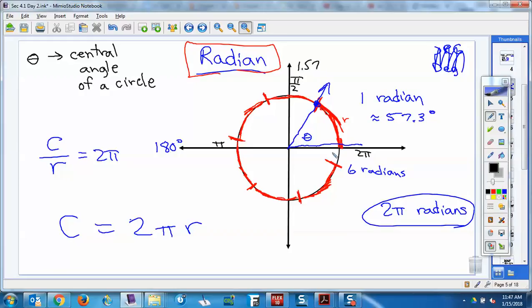If this is 1 radian here, and this is 2 radians to here, doesn't it make sense that that's about 1.57 radians? Okay? And this is 3 to here. It makes sense that this is 3.14 radians around to there. Okay? All right. And this would be what? 3 pi over 2, 1.5 pi.